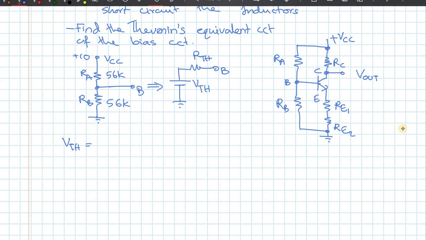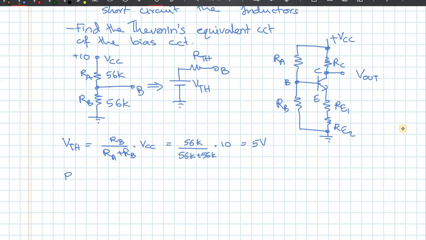So voltage B, or the VTH, open circuit voltage, is basically equal to RB over RA plus RB times VCC. So what is this? 56K divided by 56K plus 56K times 10. This is half, so this is 5 volts, easy.